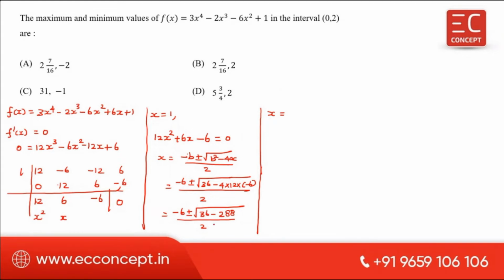Actually this is plus, right? Minus and minus becomes plus. 288 plus 36, square root of the answer, 18. Therefore minus 6 plus or minus 18, if we take the square root of these two, divided by 2.